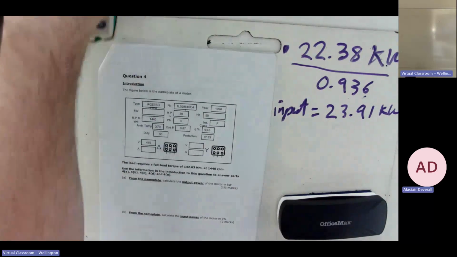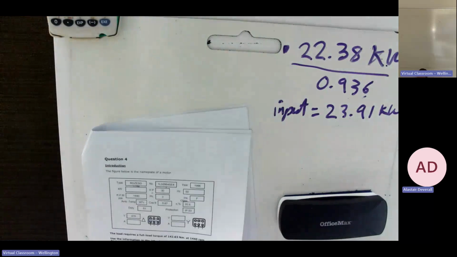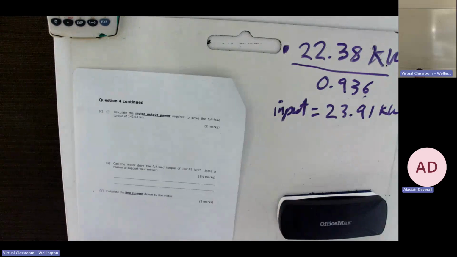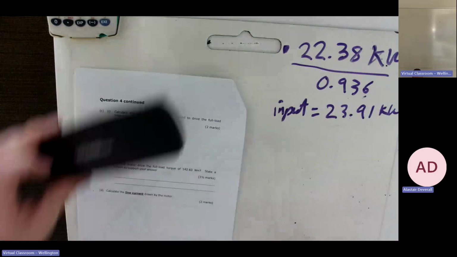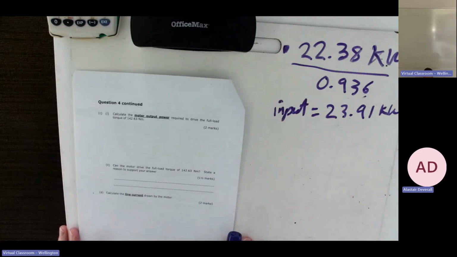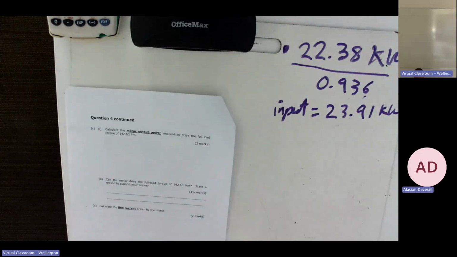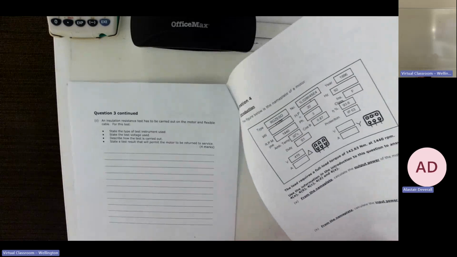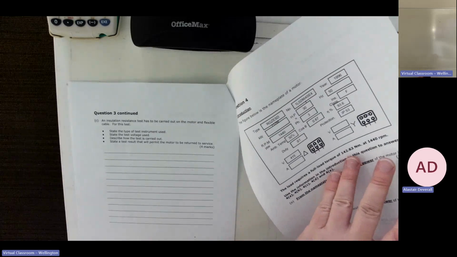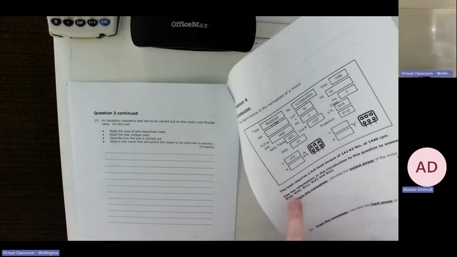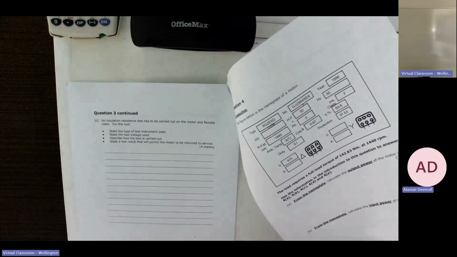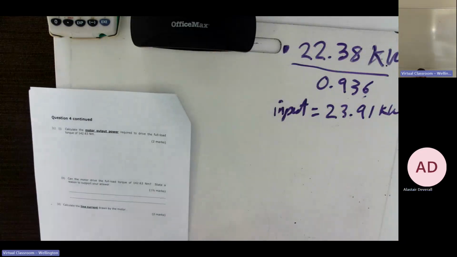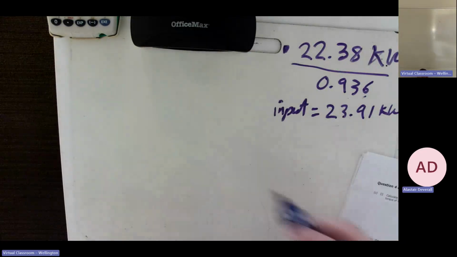Now, moving on to question C. Calculate the output power required to drive the full load torque of 142.63 Newton meters. We are given our Newton meters, 142.63, for what the load requires, and 1440 RPM.